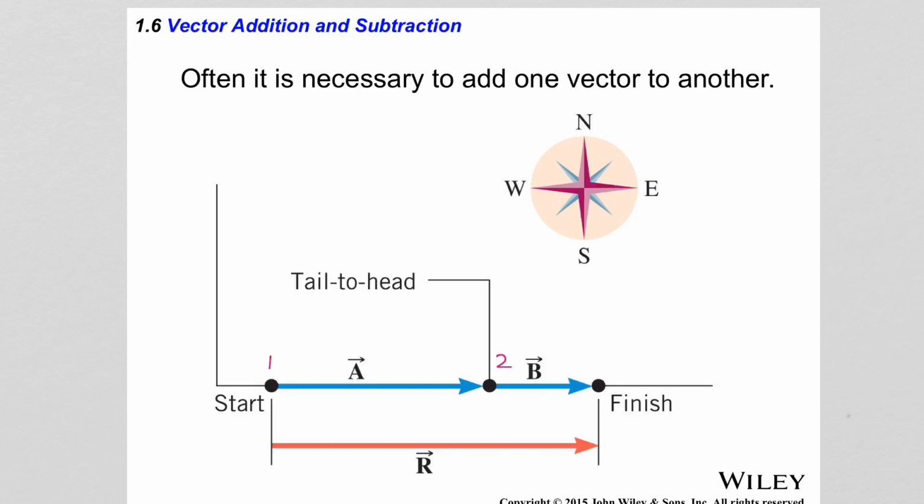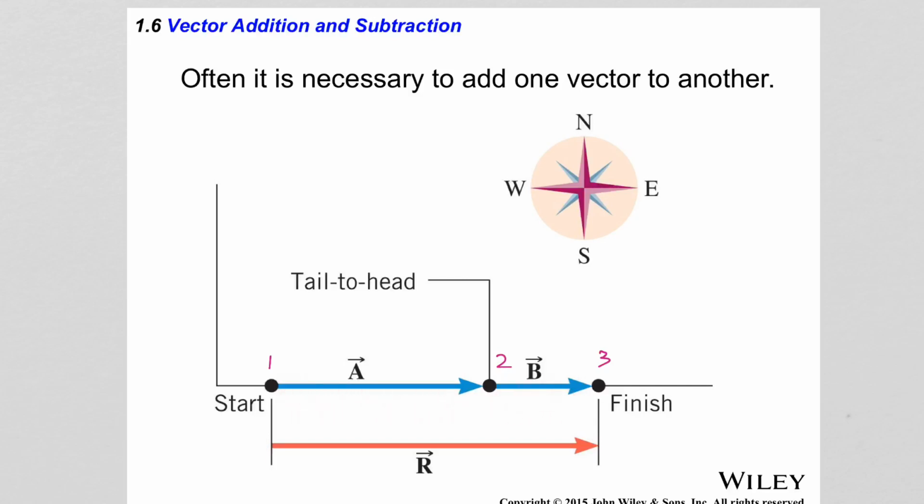So the car displaces between points 1 and 2, and the displacement is a vector quantity. Let's call it A. And then the car stops here, waits for some time, and then starts moving again, and then displaces from point 2 to point 3. So that's a different displacement vector. Let's call it B.